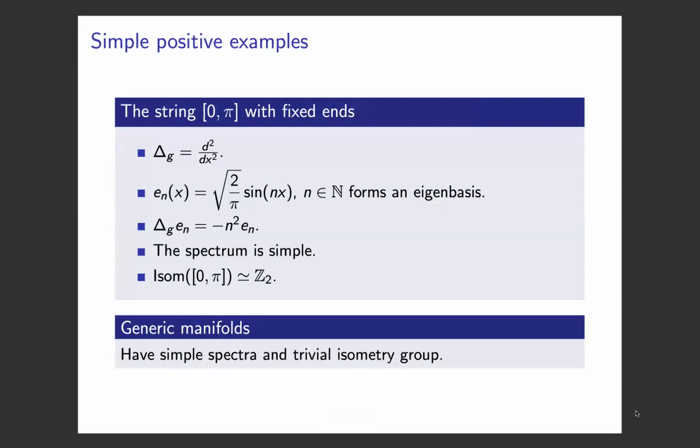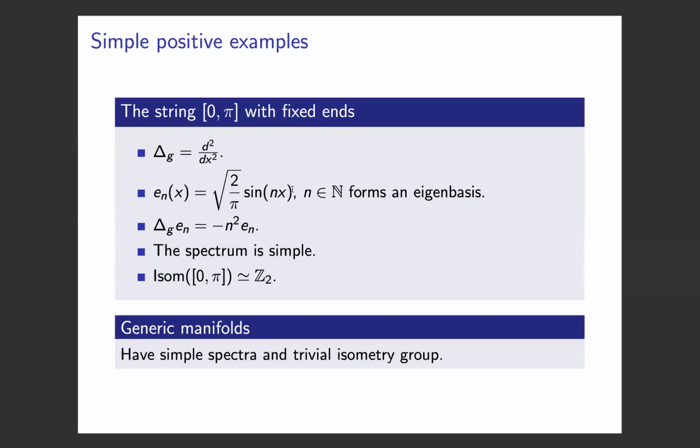So here are some simple examples just to get acquainted. Here's a string with fixed ends, 0 to pi. It has boundary. That's okay. We don't mind. The Laplace-Beltrami operator is the standard second derivative of calculus, and we have a really nice orthonormal basis of trigonometric functions that we can write down.